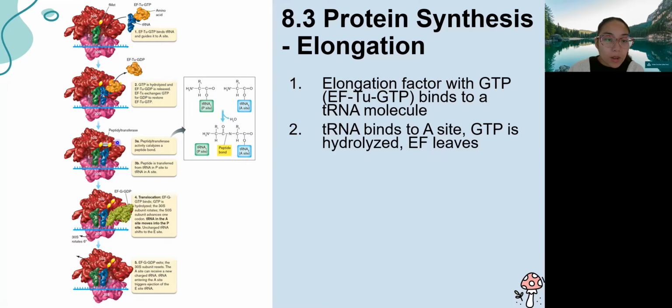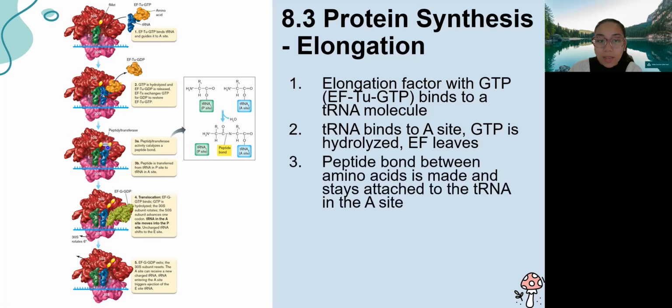Okay. So right now, what we have in this ribosome is that first tRNA molecule and that second tRNA molecule with their amino acids kind of sticking out at the top. Then the ribosome itself will produce a peptide bond between the amino acids, and that attaches the amino acids.